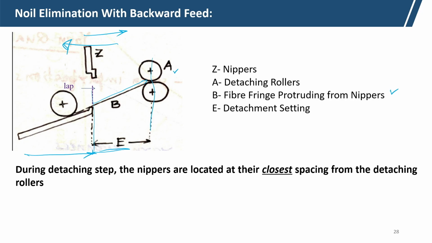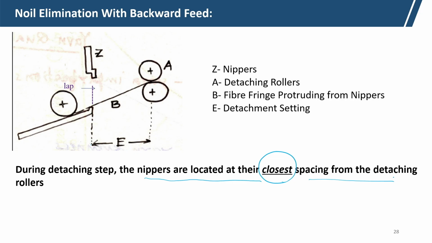During the detaching step, the nippers are located at the closest point to the detaching roller. At this point detaching will start.